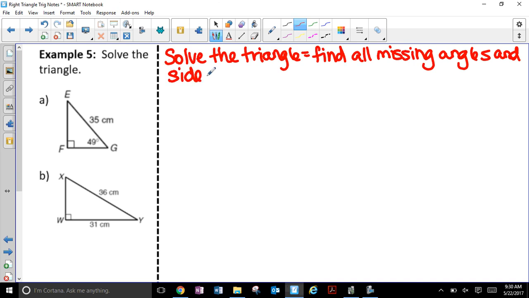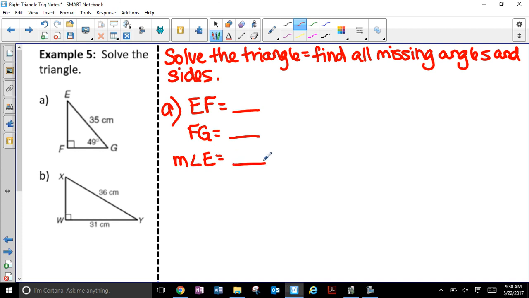Okay, so on part A, notice we're missing the length of EF. We're missing the length of FG. We're missing that side length, F to G. And then we're also missing this angle measure E. Okay, so those are the three things that we're missing.